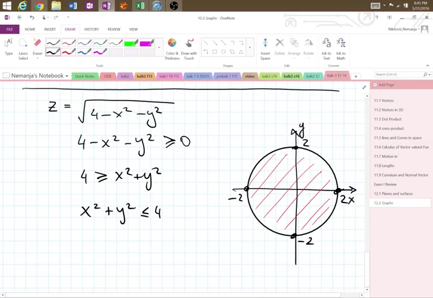You only have a positive half in this case because it's plus, so it's the top portion. This sphere is centered at the origin, and the bottom portion below the xy plane is not there, so this is just half a sphere.